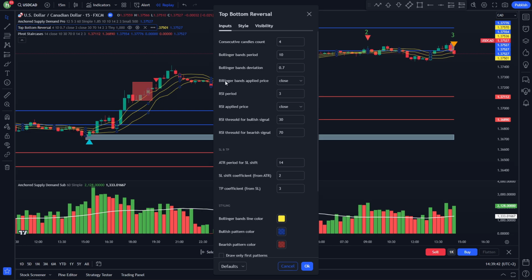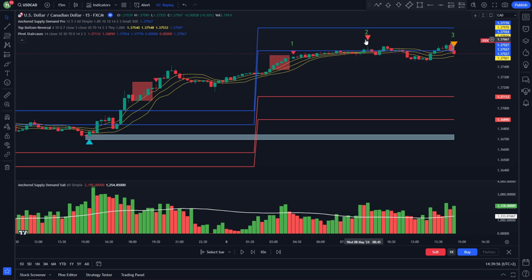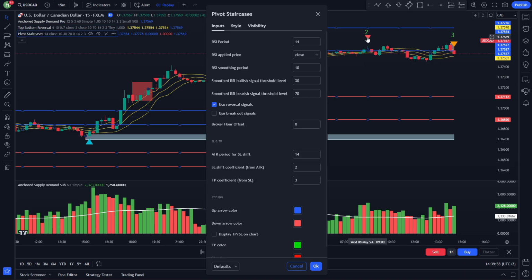It combines the relative strength index with Bollinger Bands, which are marked in yellow on the chart, and a unique chart pattern to show potential end of trends. On top of this, we use the pivot staircases that are constructed with dynamic support and resistance levels.